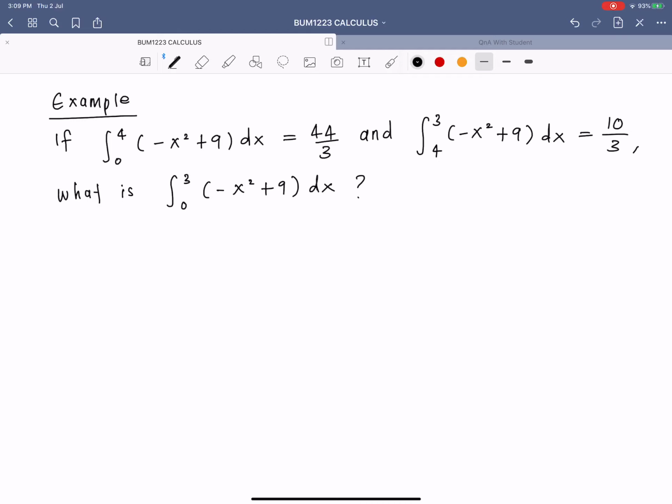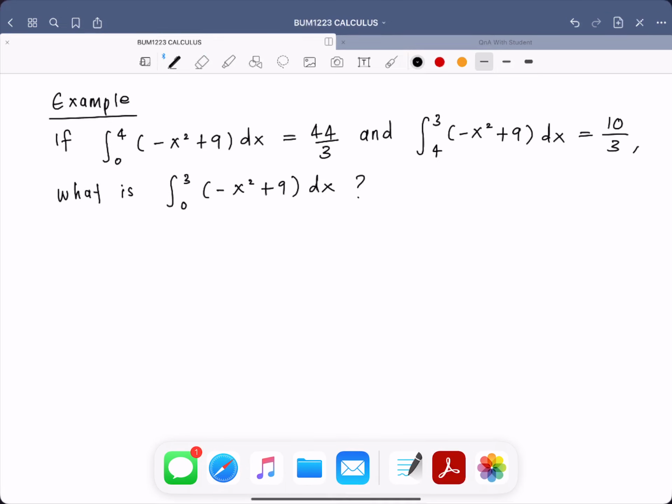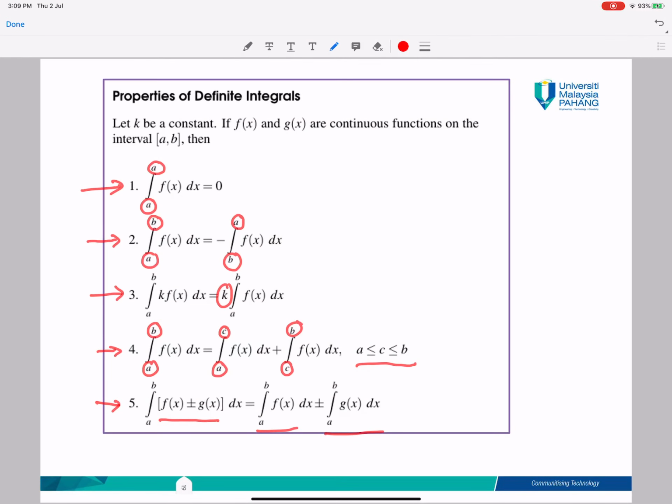Based on this question, we know that we can use this property of definite integral, the fourth property.